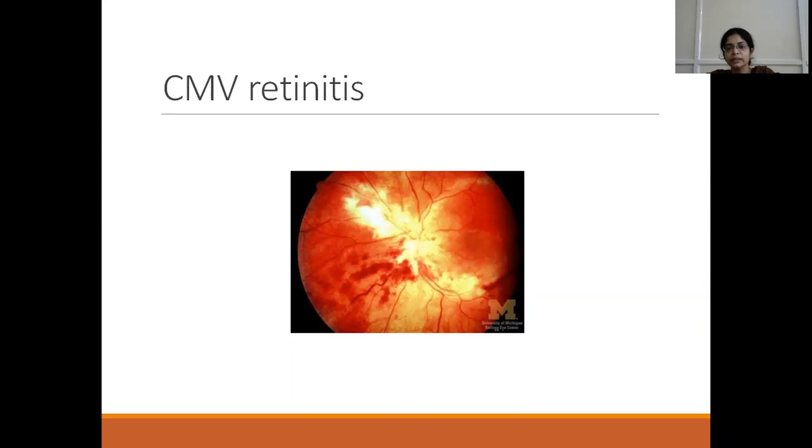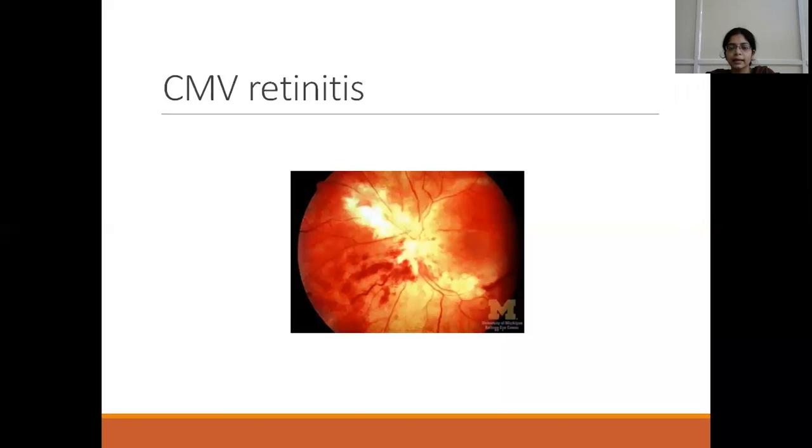These whitish lesions are nothing but due to exudations. There are lots of retinal exudates because of the ongoing necrosis, and also lots of hemorrhages, as you can see in the picture. You can also see lots of retinal vasculitis.